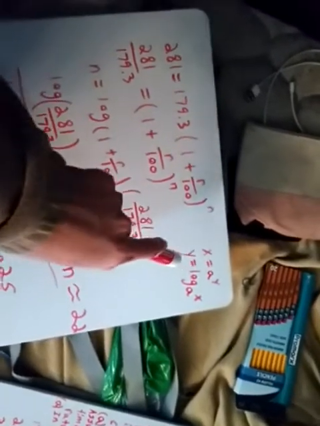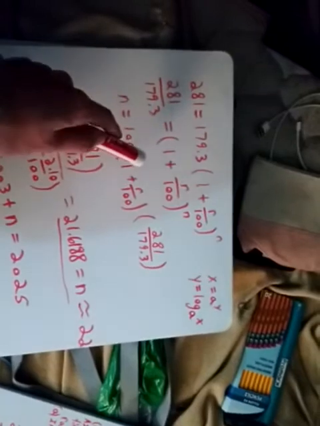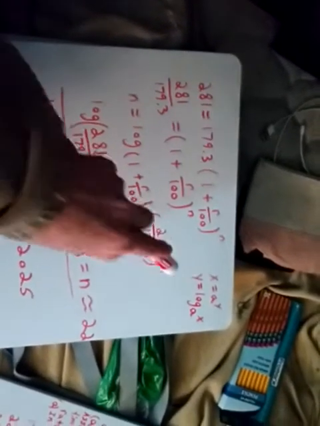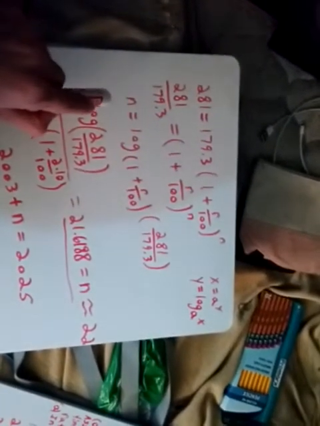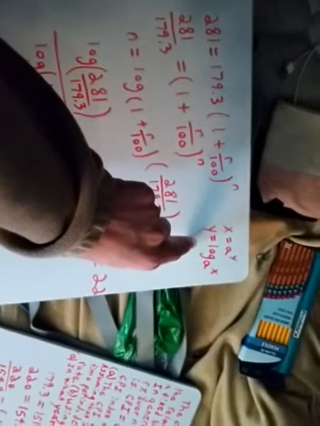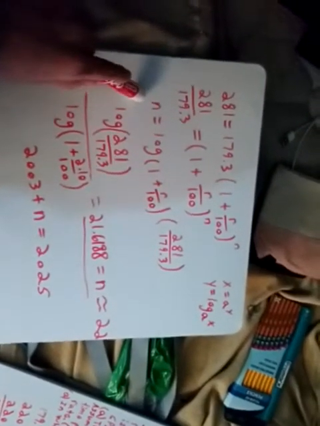Now I'm going to change this exponent into a logarithm to solve for n. So I'm going to have to rearrange the variables. n is going to go here in front. In accordance with x equals a to the y power and y equals log base a of x when rewritten, the power goes over to this side of the equal sign.